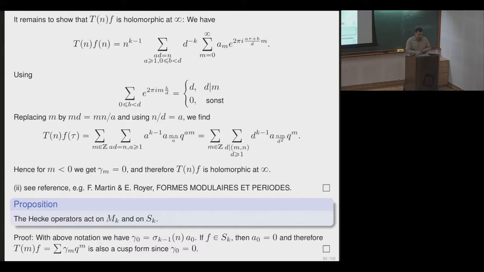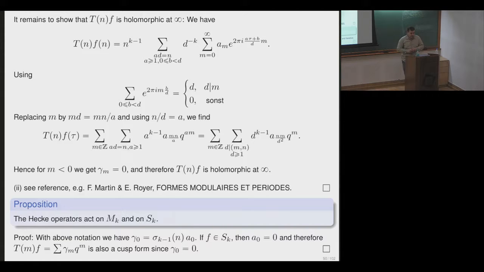And now if you just sort which d's give you this non-zero contribution, you just end up with a formula for these new coefficients we had in the slide before. And for this, you have to do a variable substitution twice in order to get these beautiful formulas.